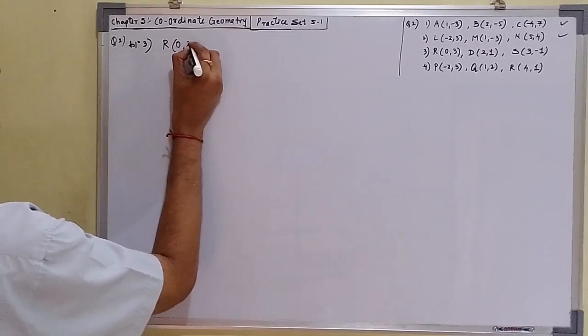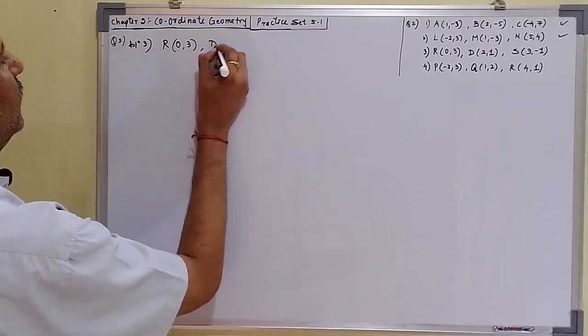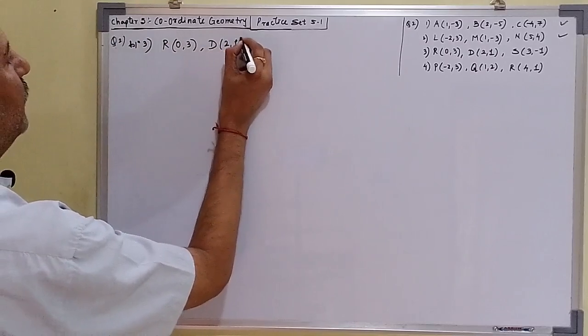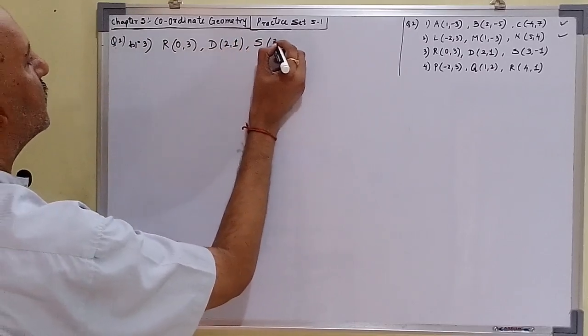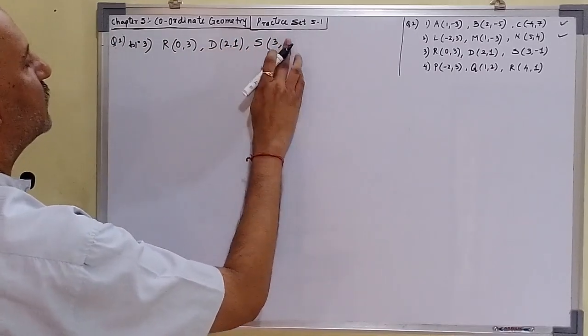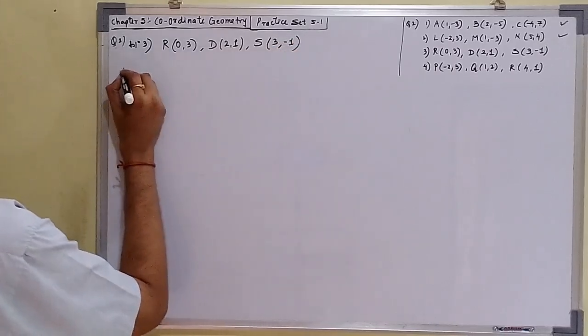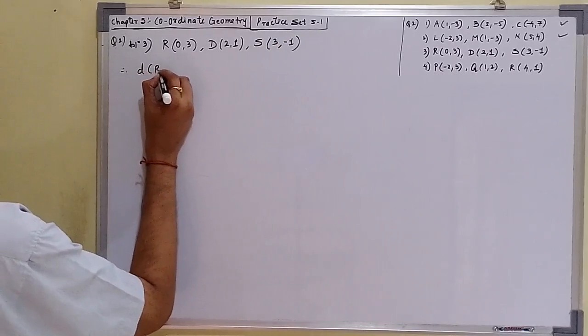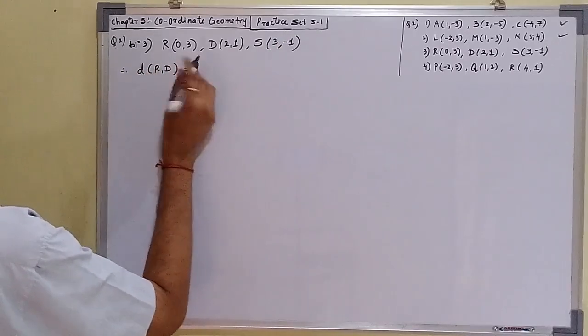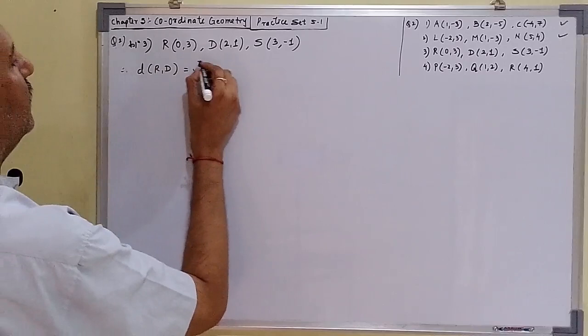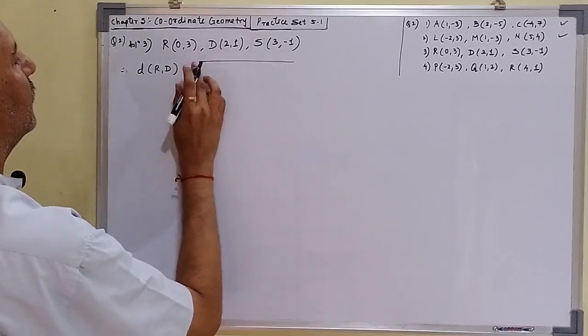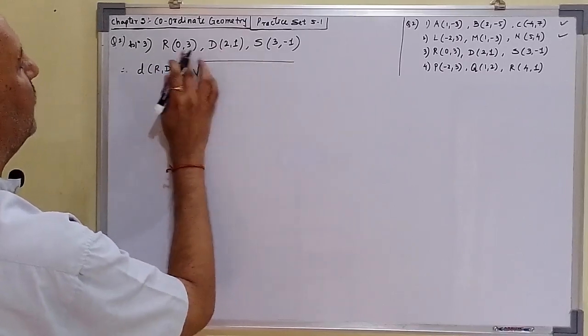R is (0, 3), D is (2, 1), S is (3, -1). Let's first find distance RD. This and this. What will it be? x2 minus x1.